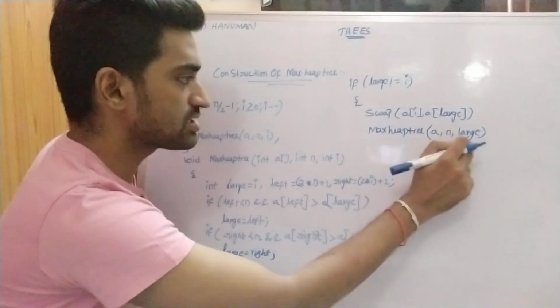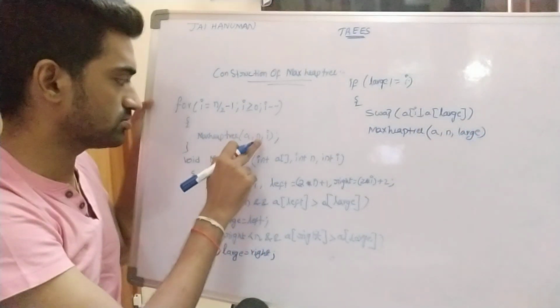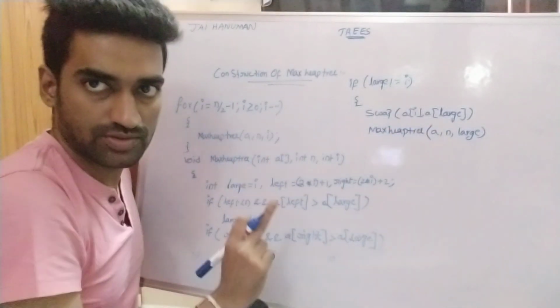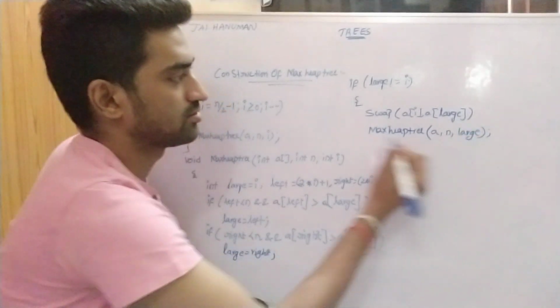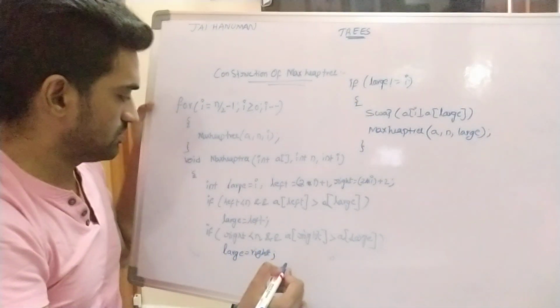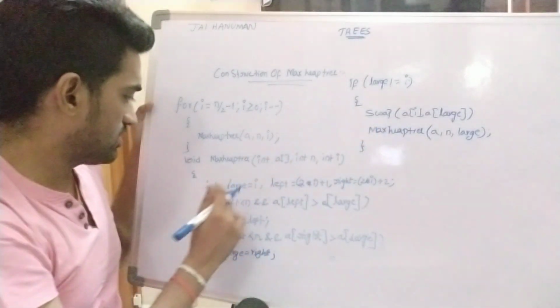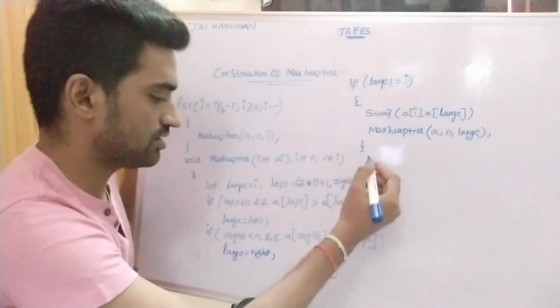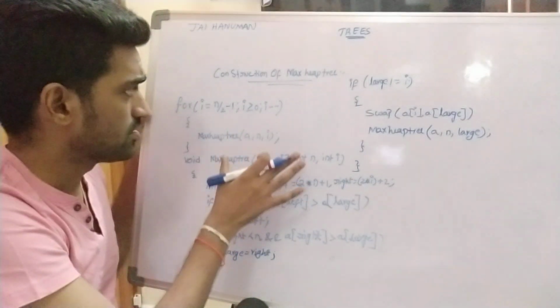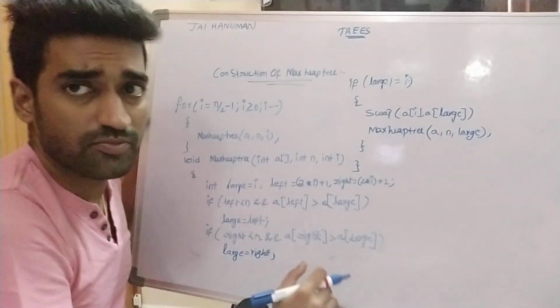Once we call this function, large is copied into I, so now the I value becomes large, right? Here I close this one and also finally close this one. So this is the logic for construction of a max heap tree.